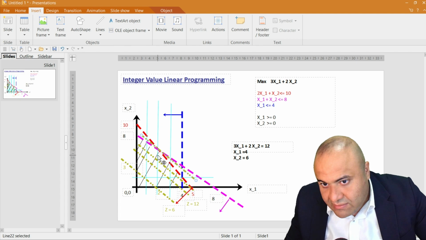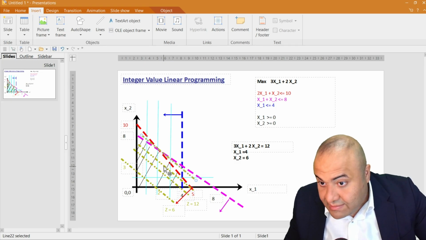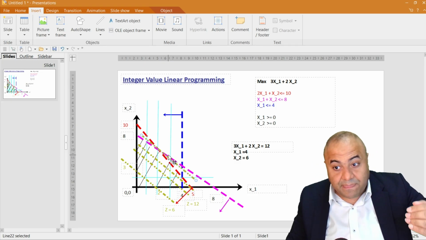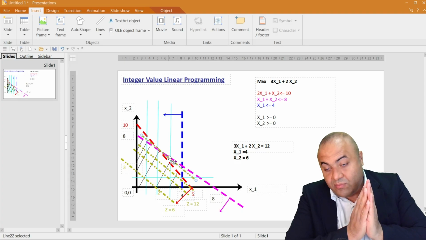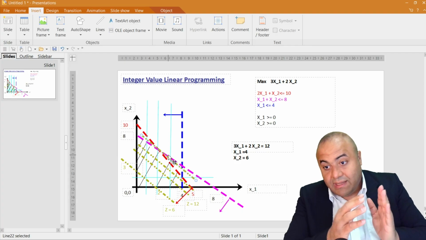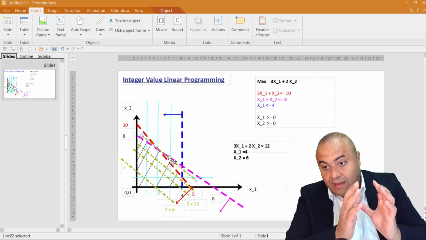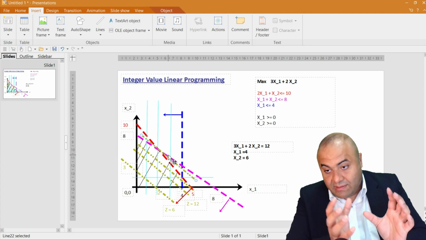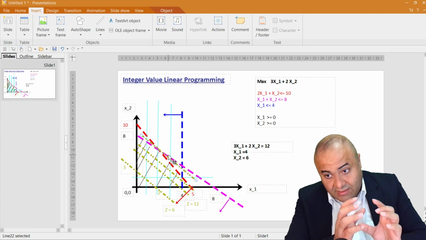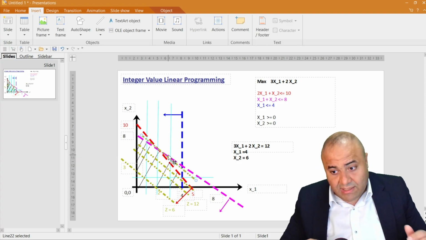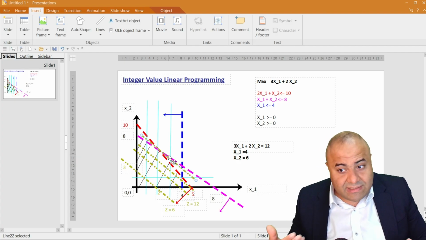Almost likely it will be about here, but it's not going to reach here because here is not an integer. So we take the nearest integer, and then we limit our search around this initial integer solution. So this exists.